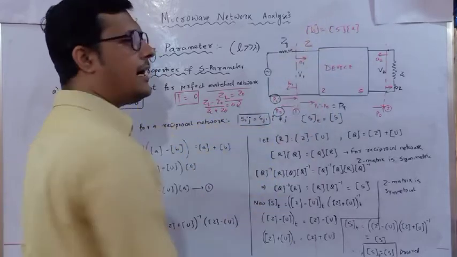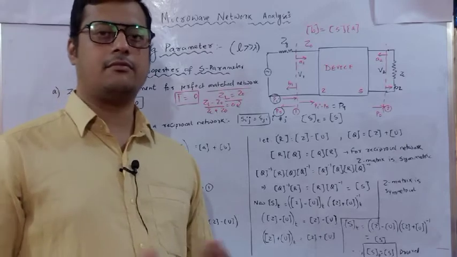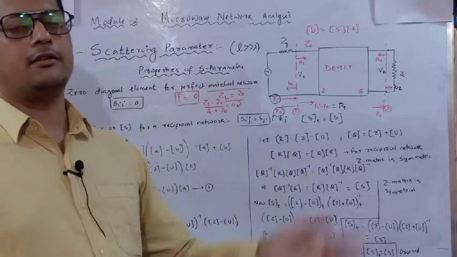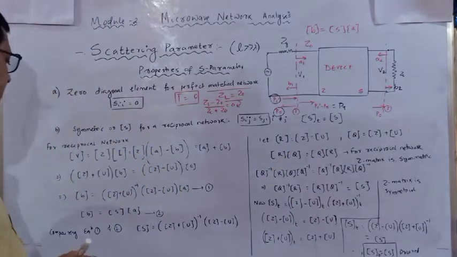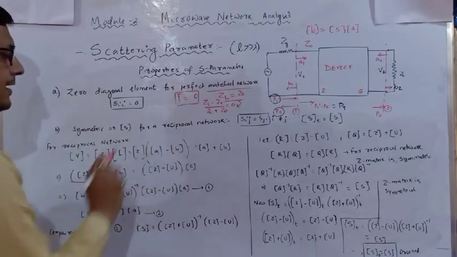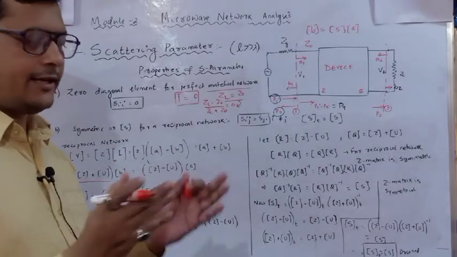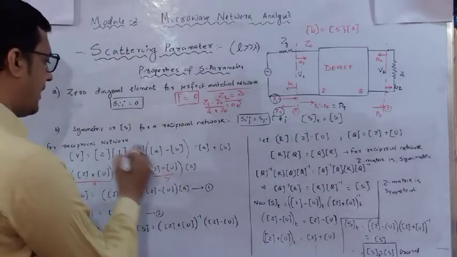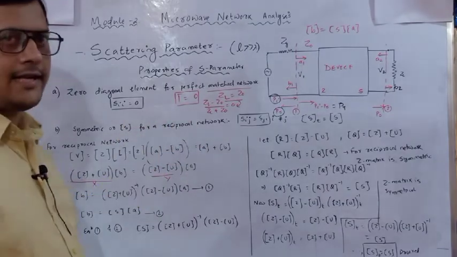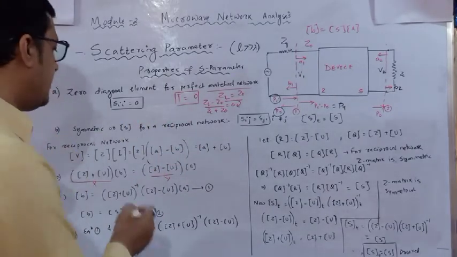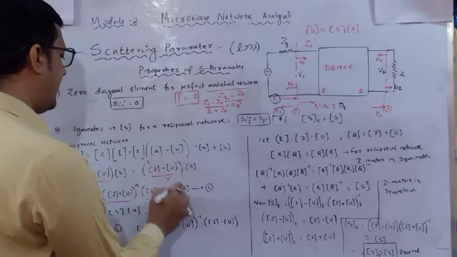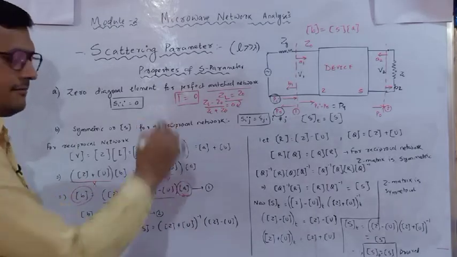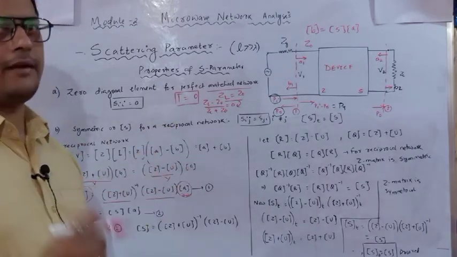So that means I have converted my Z impedance in terms of normalized potential, and that normalized potential impedance is converted into the S matrix. So in this line you can see, if I take this term to the right hand side, it will become an inverse because it is a matrix. So consider this as the X matrix and this as the Y matrix. If you take X to the right hand side, it will become X inverse. The same inverse I have written, and the same thing Y I have written into A. So now I have represented B and A, and this is one sort of matrix.